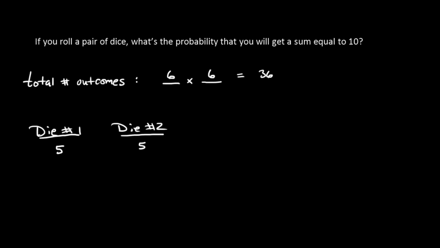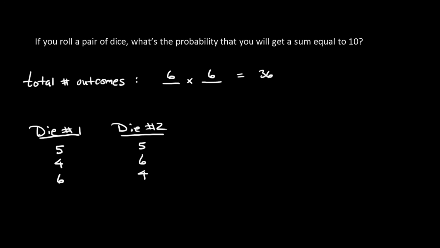I could have a 4 on the first die and a 6 on the second. Or I could have a 6 on the first die and a 4 on the second, and that feels like I've just written out the same outcome twice, but it's actually 2 different outcomes, because just keep track of the faces on the first die. The faces have changed. It's 4 to 6, and then it's 6 to 4, so those are actually unique outcomes.